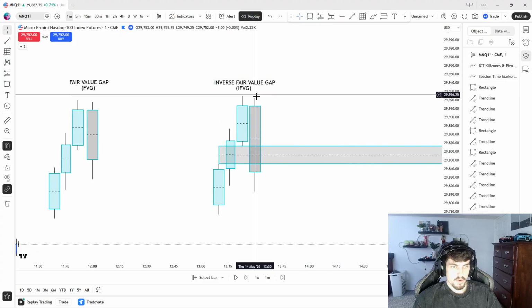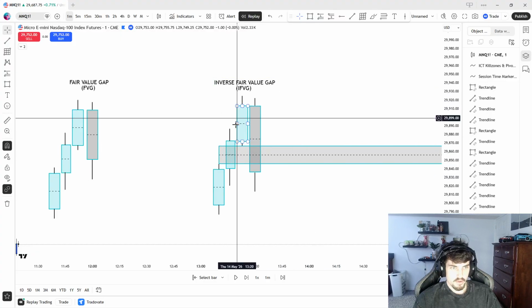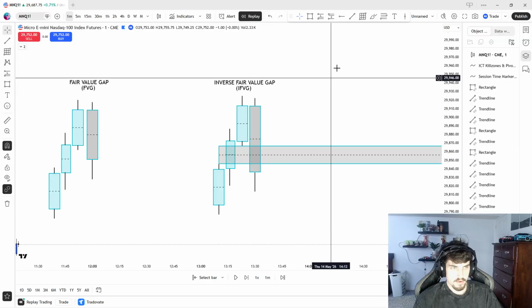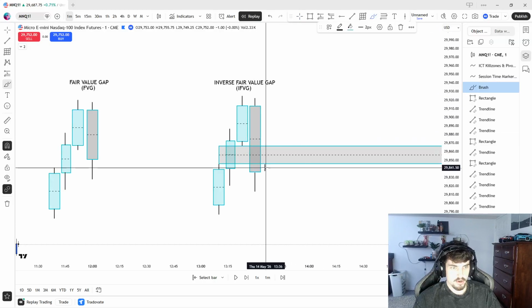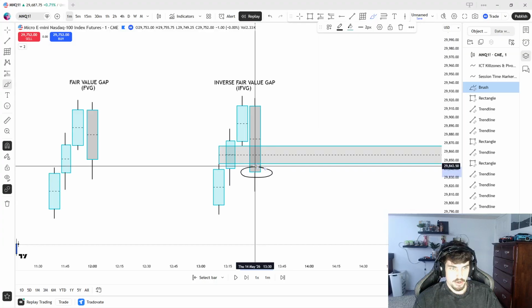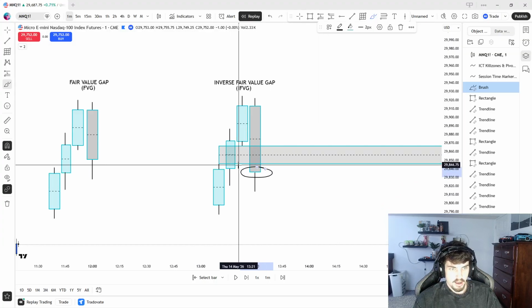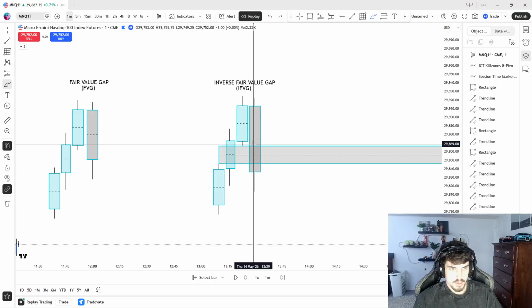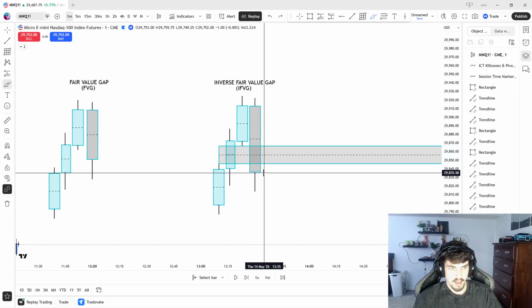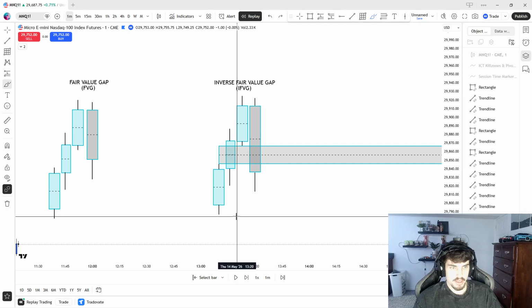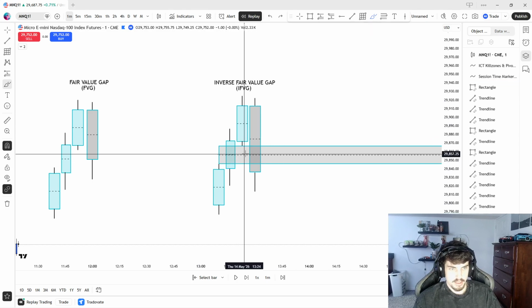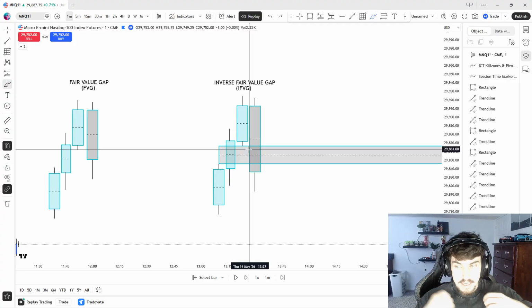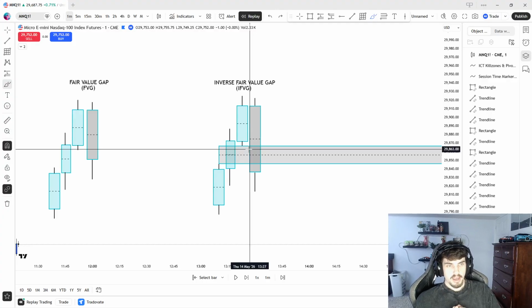Okay, so we see that the fourth candle that we have right here came down, and what did we get? We got a candle body closure outside of the gap. It came down and closed below the gap that we had right here. It closed below this line right here. It's not inside the gap anymore. It is currently a disrespected fair value gap.